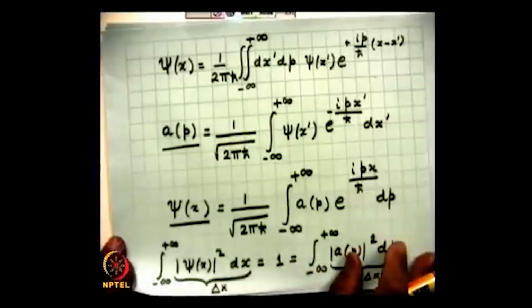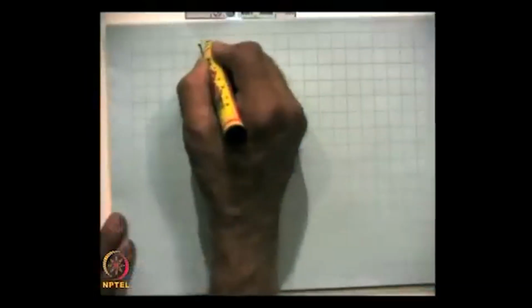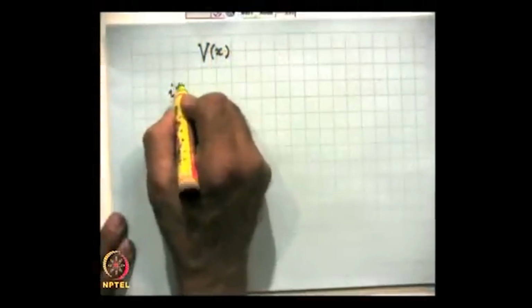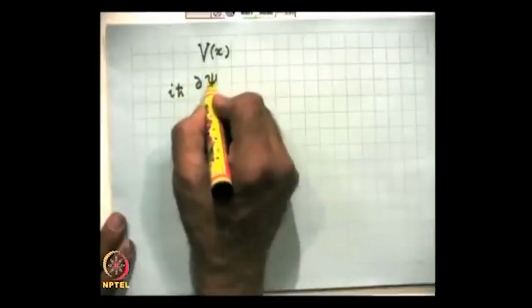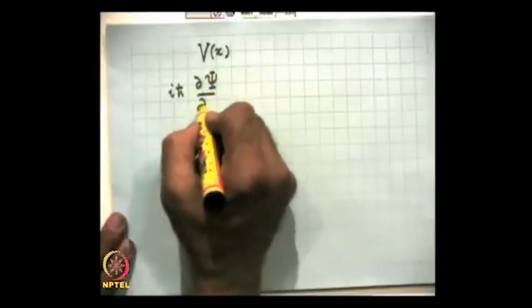Now, let me write down, in the very second lecture we had written down the Schrodinger equation. The one dimensional Schrodinger equation for a particle moving in a field given by V of x is given by i h cross delta psi by delta t is equal to H psi.